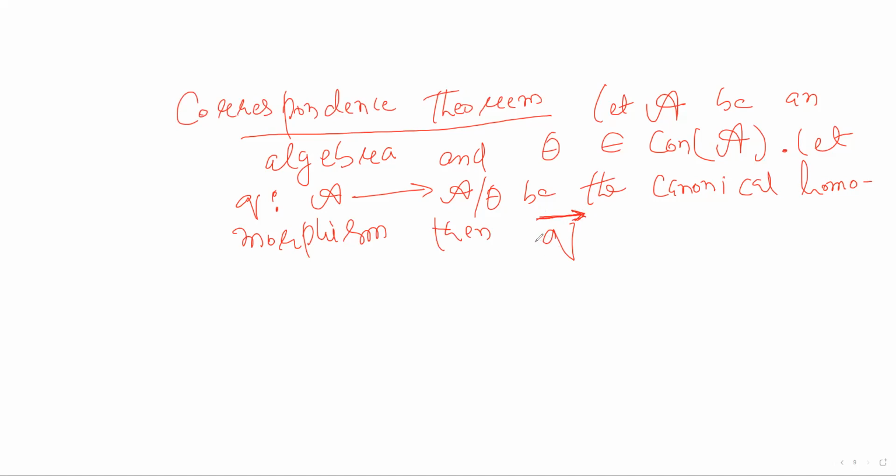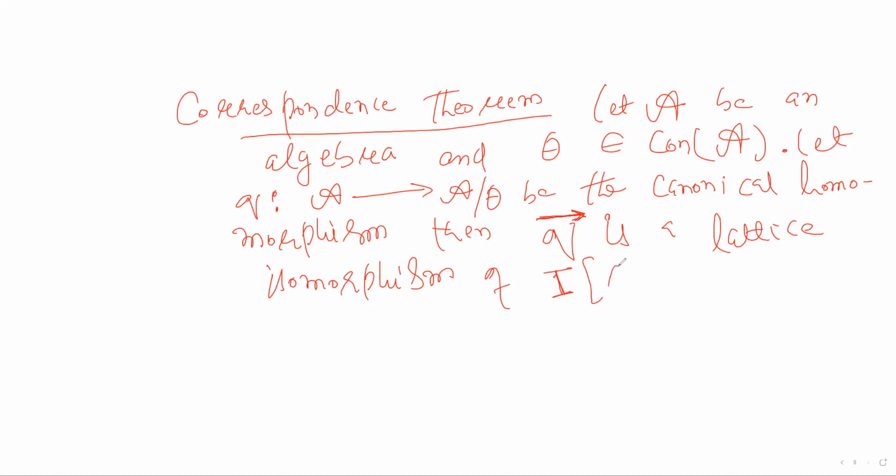So Q forward arrow is a lattice isomorphism of this lattice I of theta, delta A, meaning the lattice of congruences which are in between theta and delta A, the lattice of congruences which contain theta, because delta A is the biggest congruence.